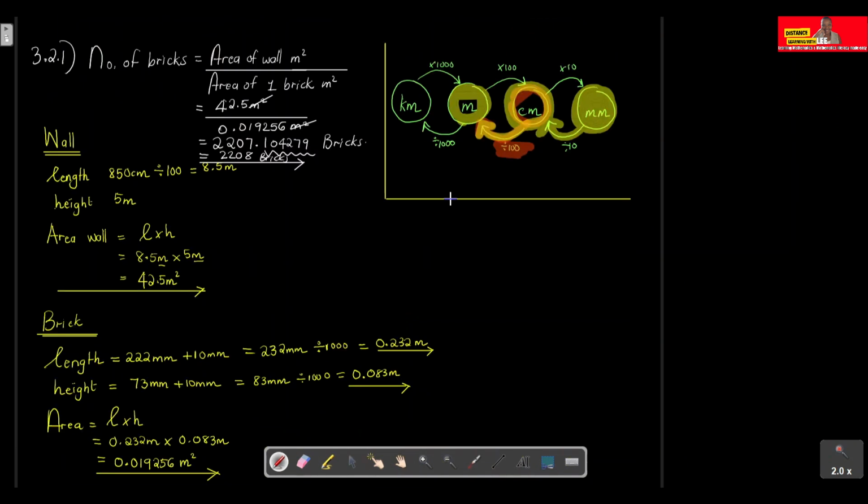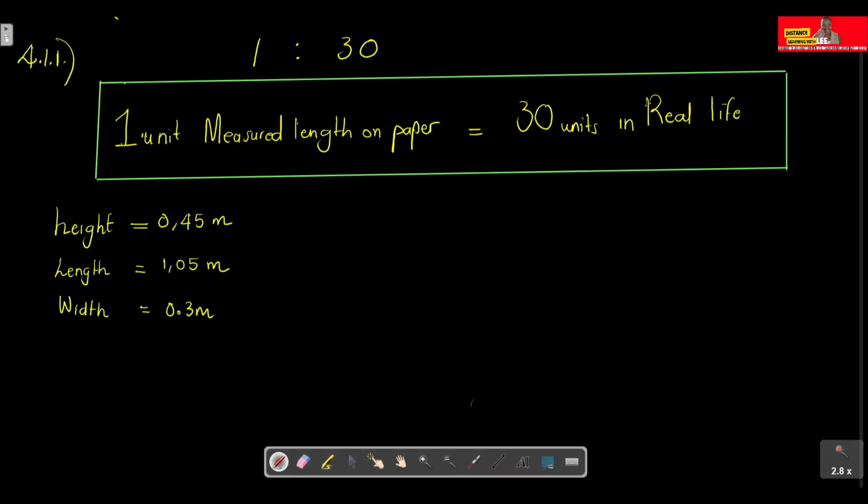If you want to move from meters to centimeters, what do we do, guys? We are here in meters, and we want to go to centimeters. We are moving from left to right, so you're just going to multiply by 100. So all that we're going to do with all these units is multiply all of them by 100, and that is going to convert these dimensions into centimeters.